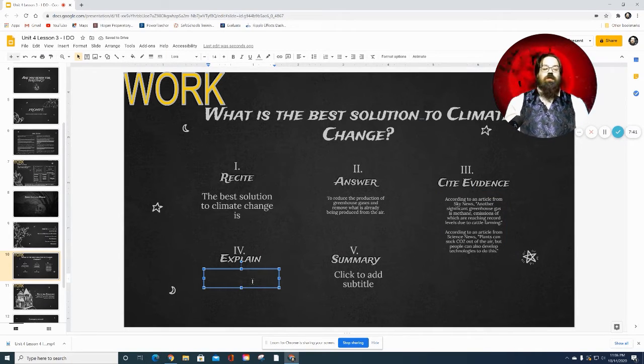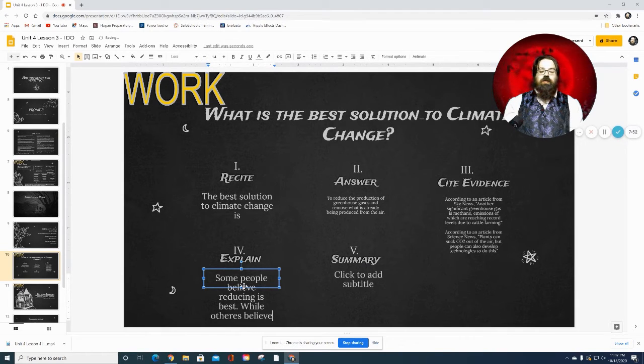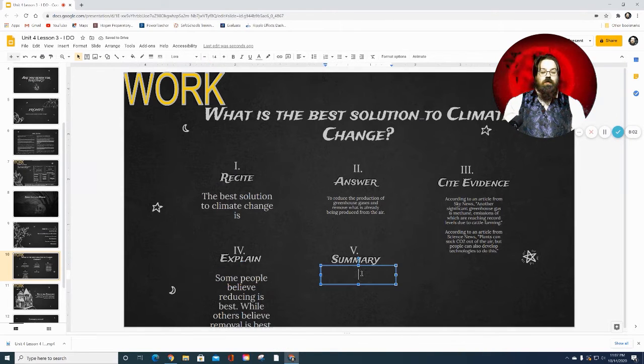Now I need to explain those pieces of evidence. So some people believe reduction is best, while others believe removal is best. However, I think we should do both.